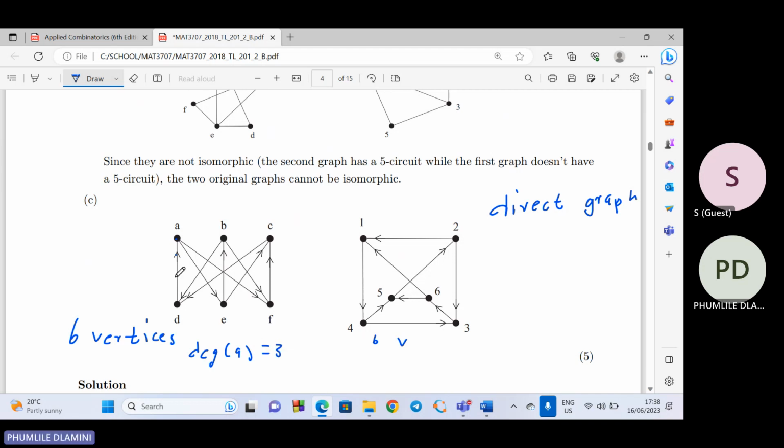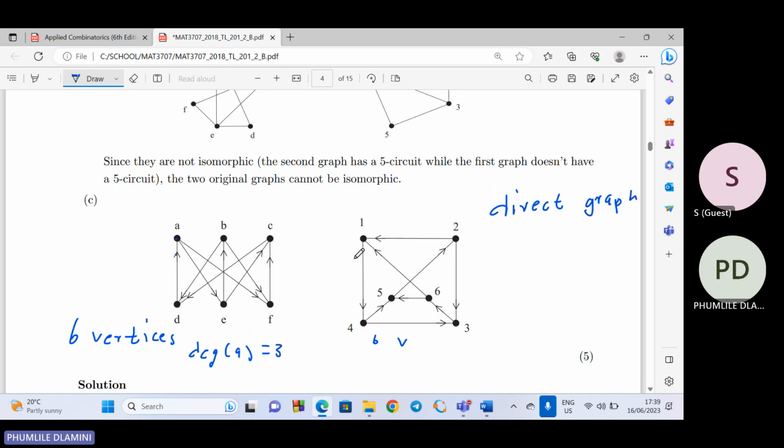We check, and even for B it is 1, 2, 3, and everything is 1, 2, 3, a degree of 3. So we also check the degree of C.